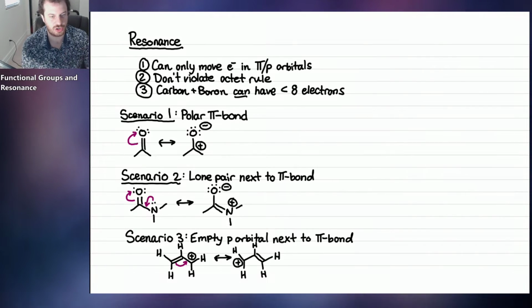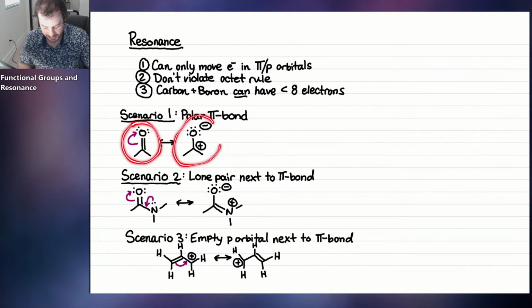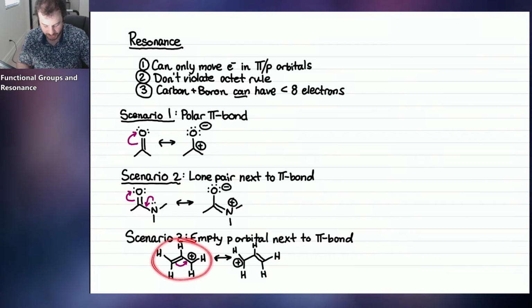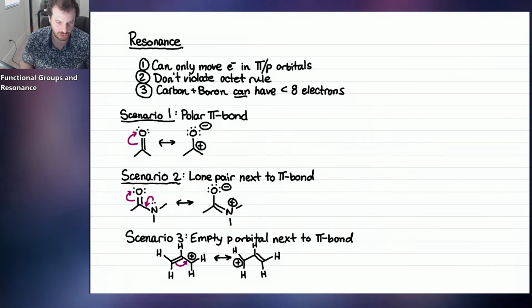So if the overall charge of a molecule is neutral, then all the resonance structures will also be neutral. See, for example, this first scenario, this molecule was neutral, so the other resonance structure is also neutral. Even though it has a minus and a plus, they cancel each other out such that the overall charge is 0. And similarly, in scenario 3, we have an overall positive charge, so that makes sense that after the resonance structure, we still have an overall positive charge.